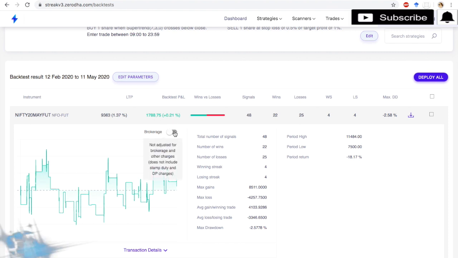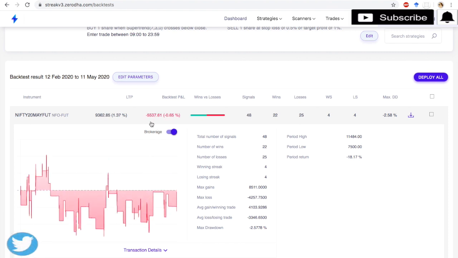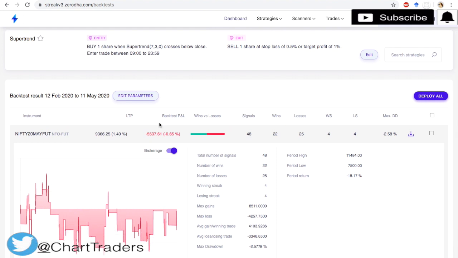If you remove brokerage, then we have a loss of around minus 6000, because Super Trend is a trend following indicator, it shows the trend. We cannot take trades on Super Trend alone, and the accuracy is very low. We don't even have any profit, we have a loss.